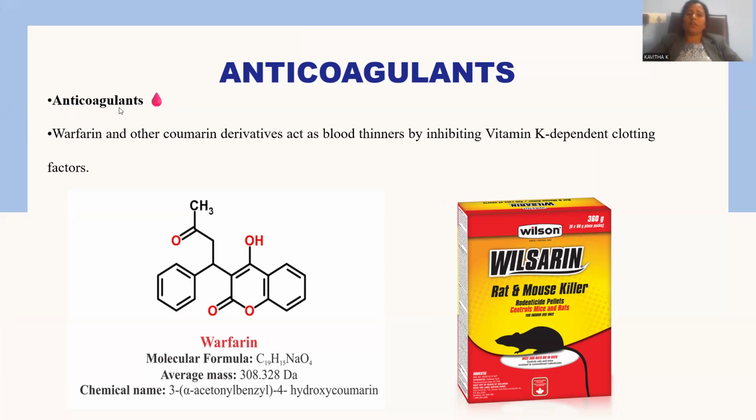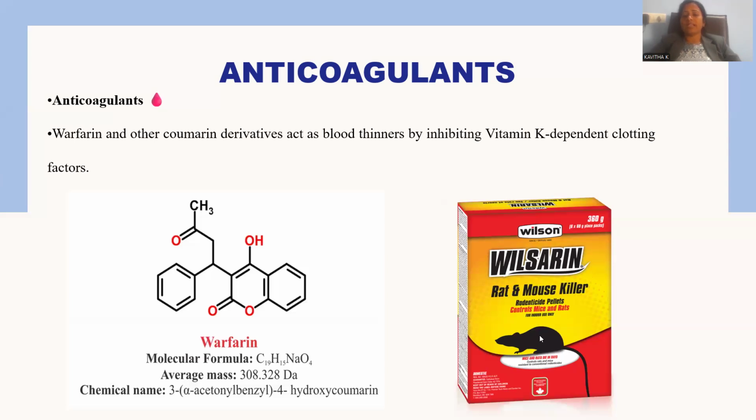So the anticoagulant is the efficient agent which is used to avoid the clots, which is used to dissolve the clots, so that blood pumping will become very convenient, giving rise to proper functioning of the heart, systolic and diastolic sessions, right? That is the way warfarin is working. On the other side of the coin, it also works like a mouse killer.